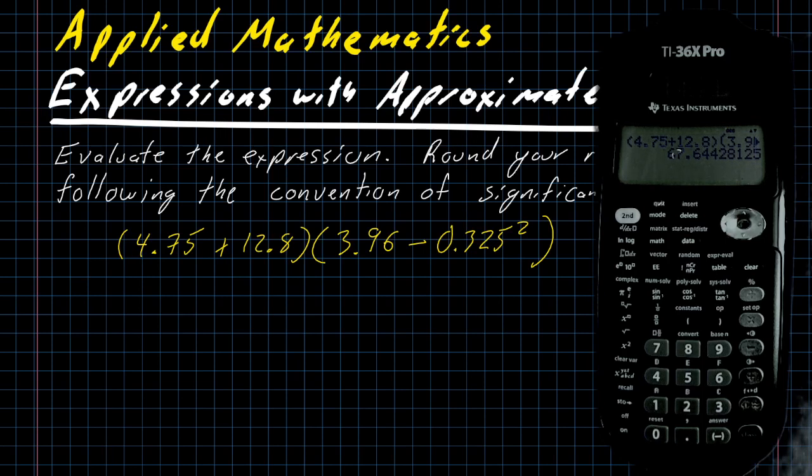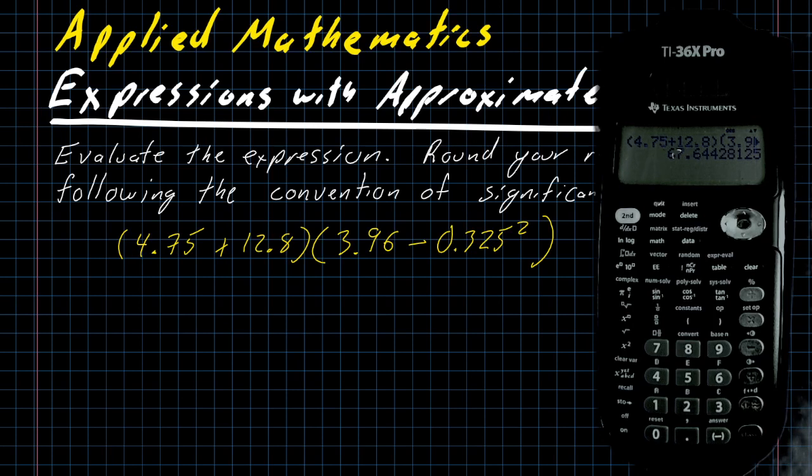But I can talk about where the issue is. Specifically, where do I round? I've got addition, subtraction, multiplication, and exponents going on in this expression. So it's not even clear, do I want to use the accuracy rule or the precision rule in order to figure out my rounding?